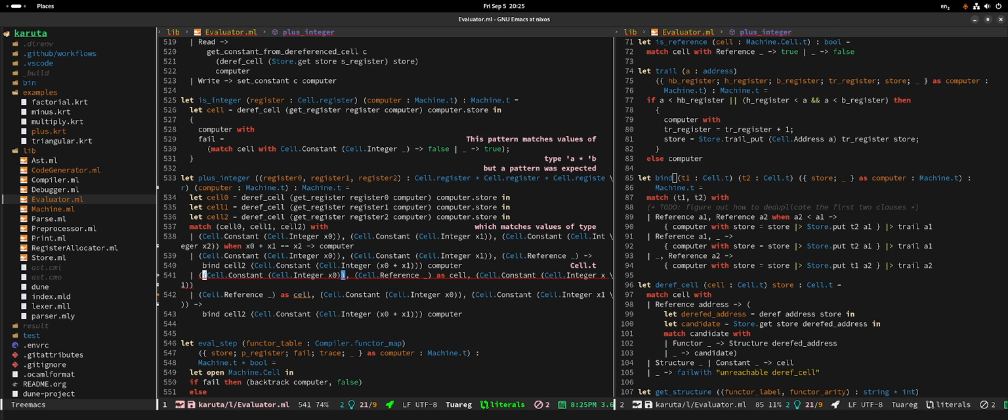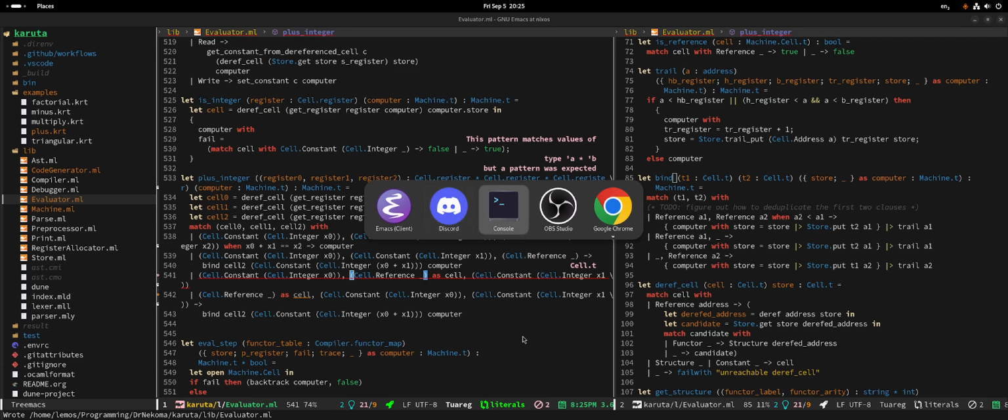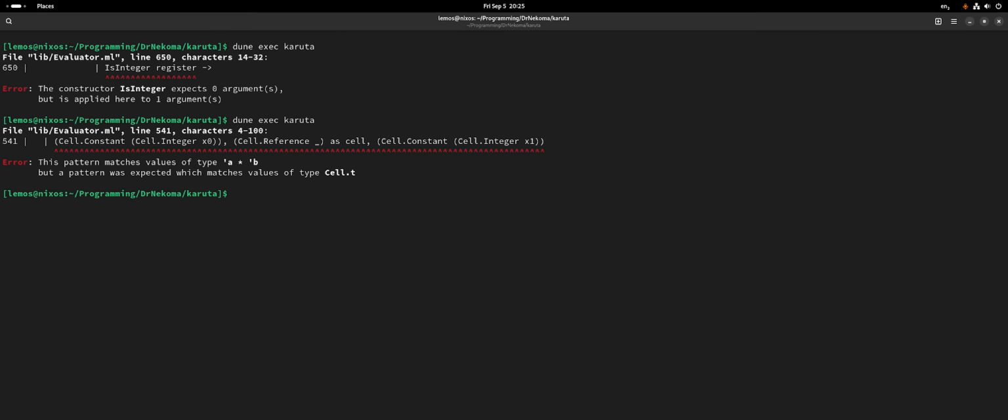Let me try to add parentheses to this. Maybe that's what it's not happy about. I think you need parentheses around the S pattern, no? I don't think that's how that works. Let's see what the compiler tells us.